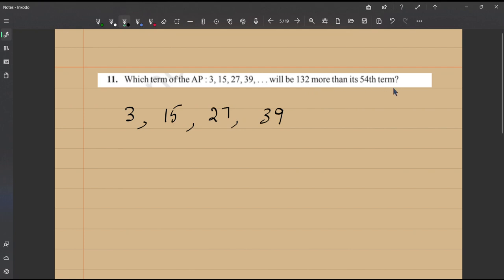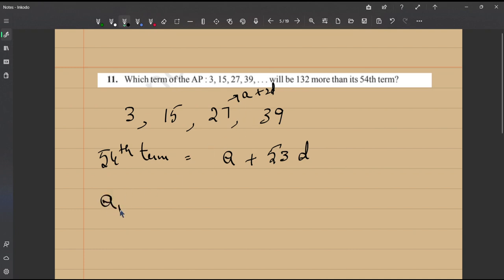So, how would you write the 54th term? The 54th term of this AP would be A plus 53D, isn't it? N minus 1 D, which is 53D. Just like the third term is A plus 2D, the 54th term is A plus 53D. Now, which term?